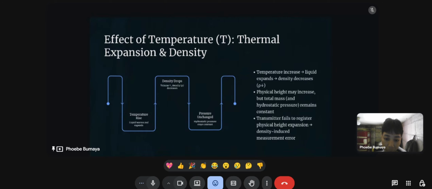Pressure is unchanged, as hydrostatic pressure stays constant. Physical height may increase, but total mass and hydrostatic pressure remain constant. The transmitter fails to register the physical height expansion, causing density-induced measurement errors.